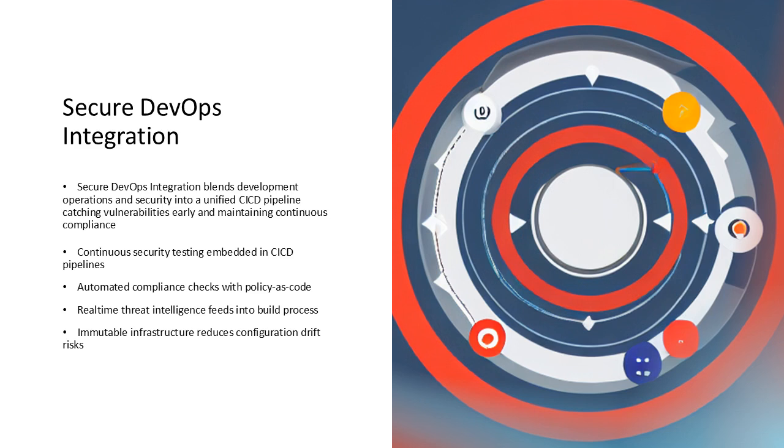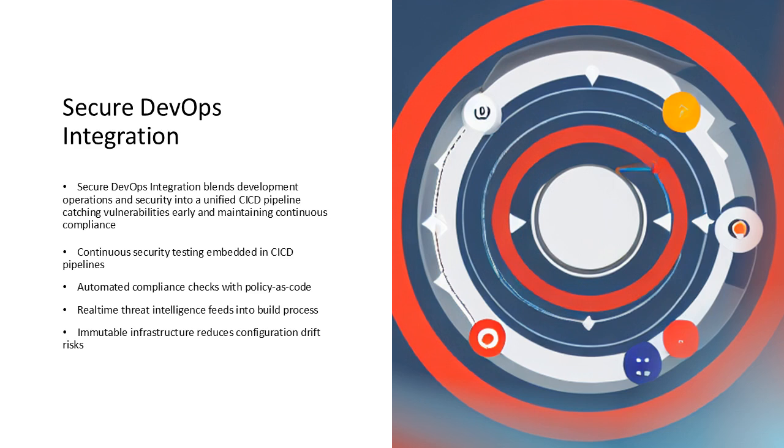In this scenario, continuous security testing: the safety inspectors are always on site, testing the building's structure and foundation as it's being built. Automated compliance checks: the builders have a checklist of local laws and regulations to follow, which is automatically checked throughout the construction process.